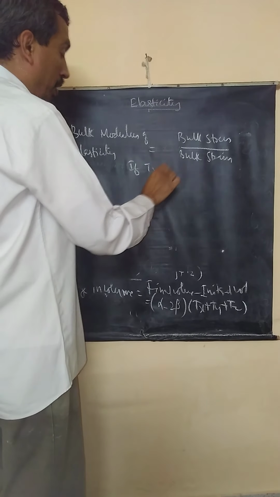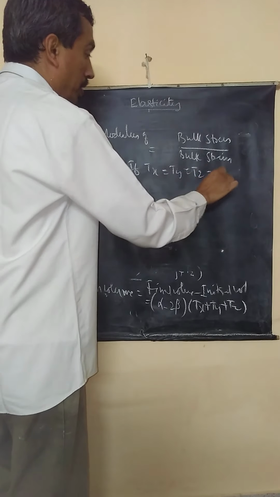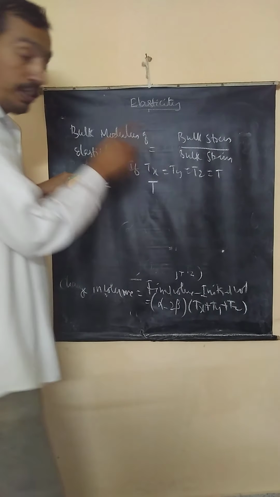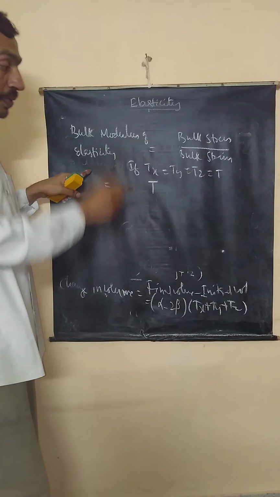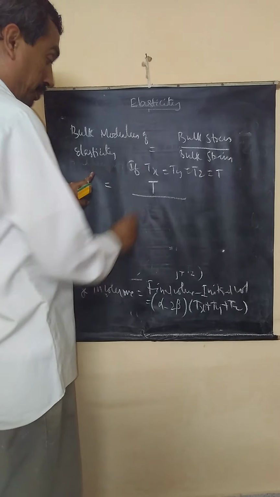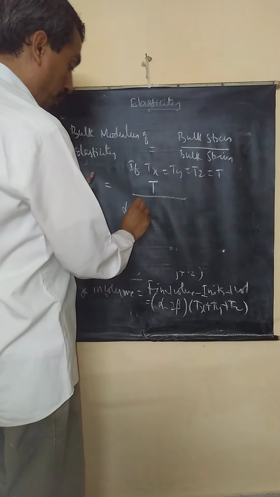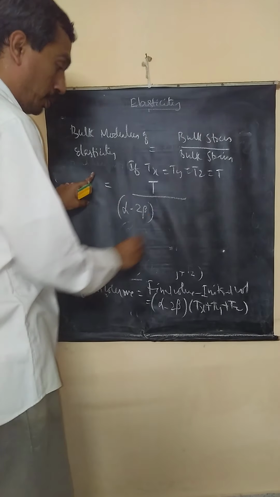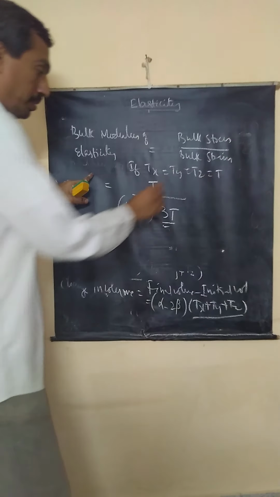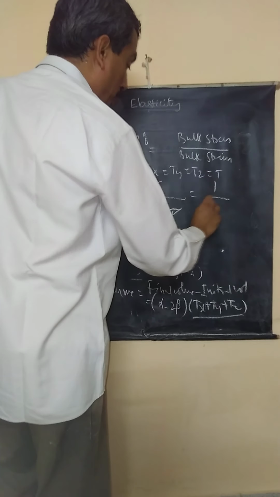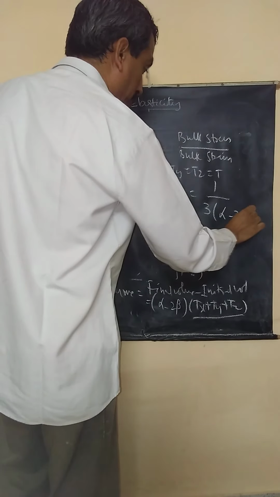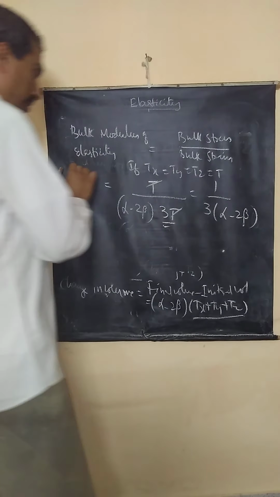If all three stresses are equal, then it will be easy for us. For a given surface, the stress applied is T. The strain is alpha minus 2 beta into 3T, where this is T plus T plus T. Is it clear? So this gives 1 by K equal to 3 into alpha minus 2 beta. Please remember this expression.